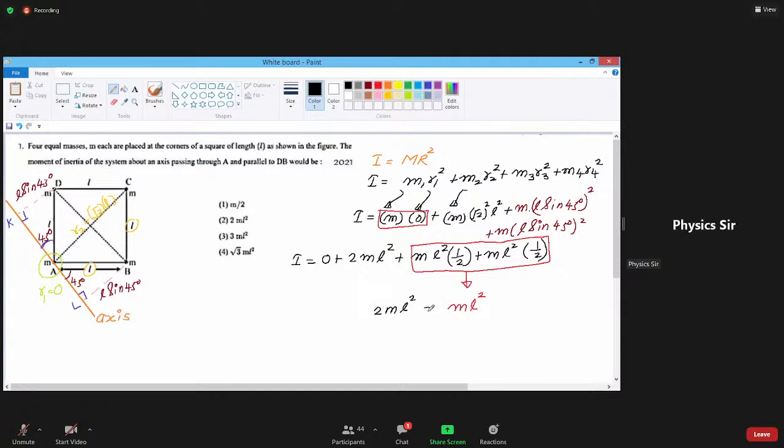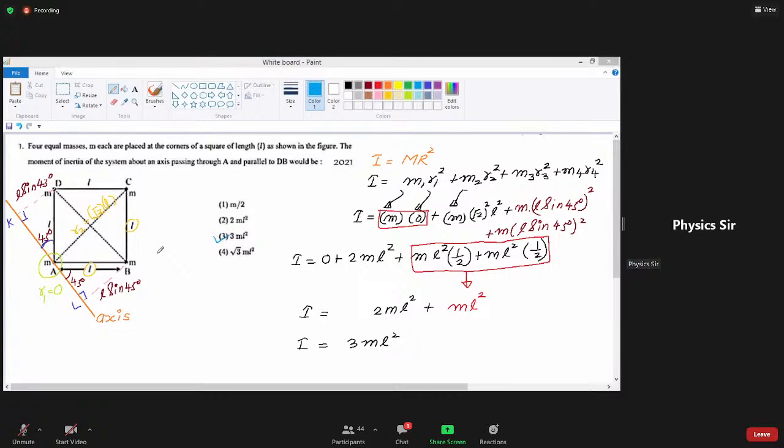So 2 ML squared plus ML squared is going to be 3 ML squared. So the moment of inertia about an axis passing through the point A, which is parallel to the line BD, is 3 ML squared.